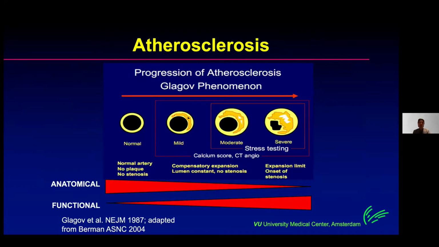The most interesting feature is that they're completely different. The anatomical features are very well assessed with CT-based imaging, and the functional imaging is very well assessed with SPECT or with MRI or with PET, whatever.